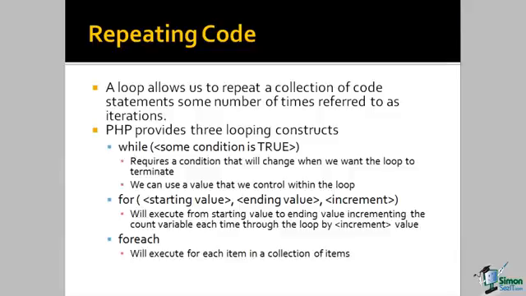And then the foreach looping construct is a specialized looping construct that keeps count for itself. So we give it a collection, an array, or another collection of items that it will keep track of how many items it has to loop over and perform whatever's in the block of code.